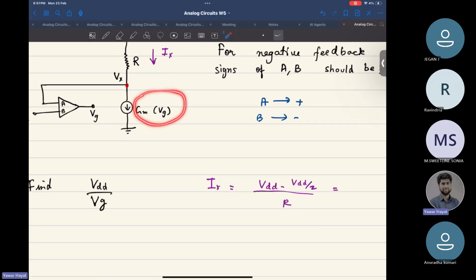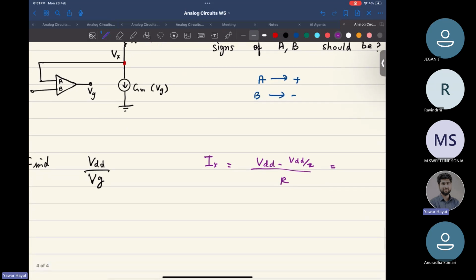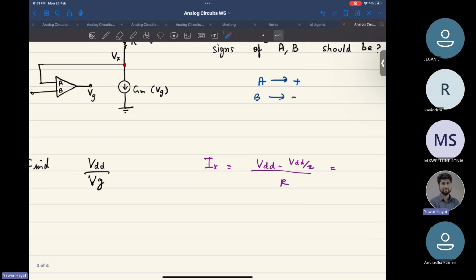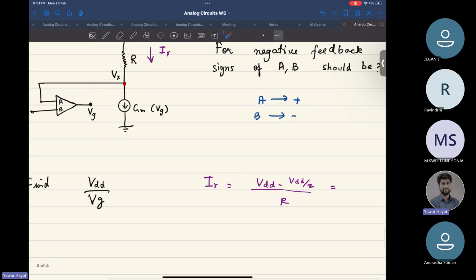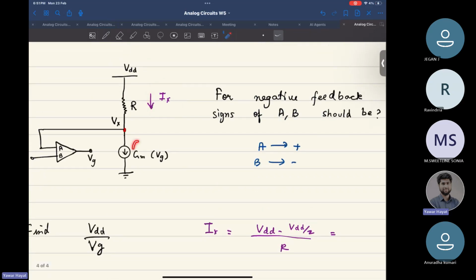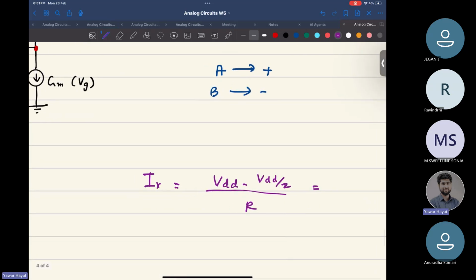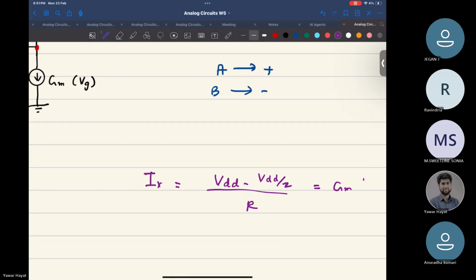This is a current source, right? So this would force that the current flowing is GMVG.